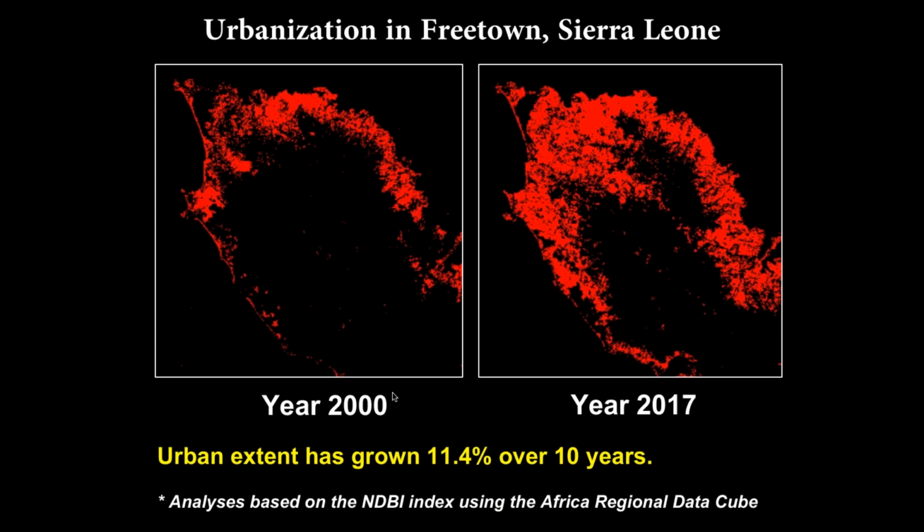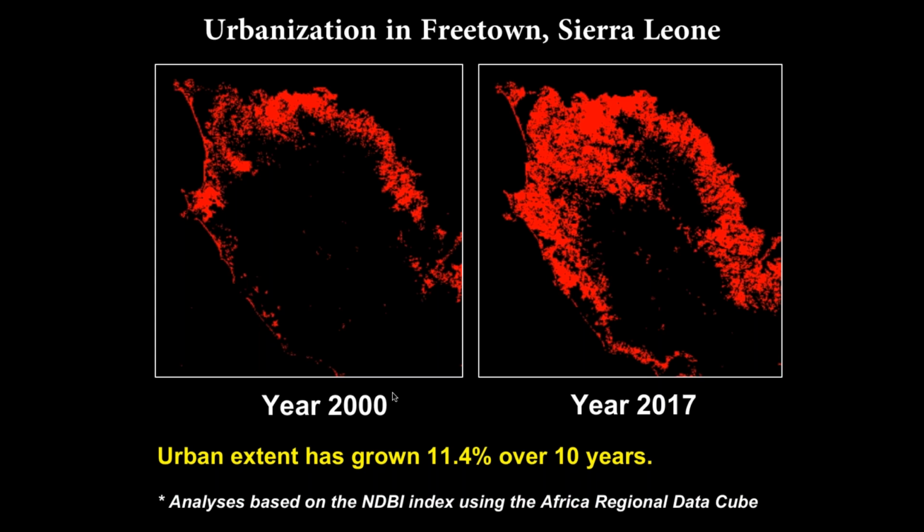There's a little bit more potential in doing this with a Jupyter notebook. What you can see on the left is the year 2000, and on the right, 2017. The red areas are urbanized land, and you can see the significant increase in urbanized area. This particular area grew 11.5% over 10 years.